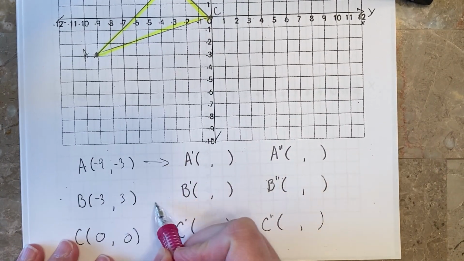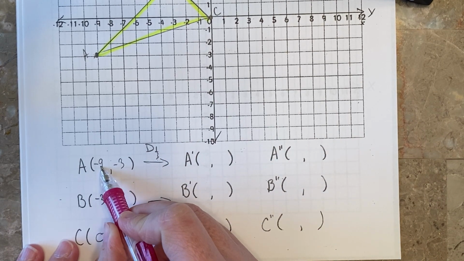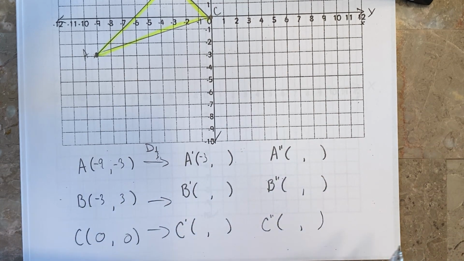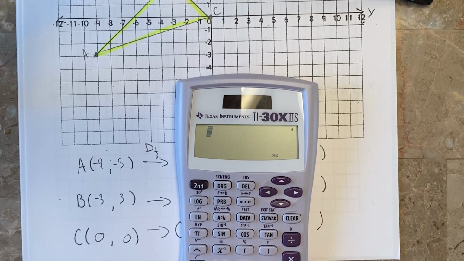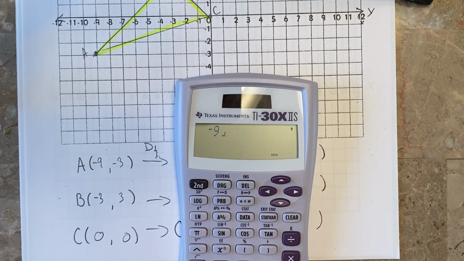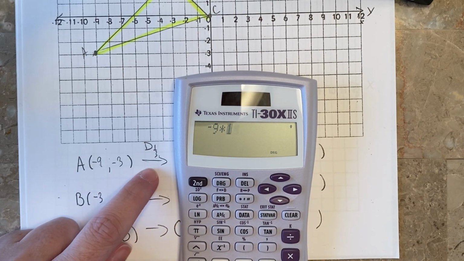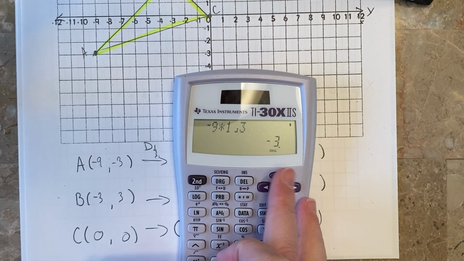So these will be under a dilation of 1/3. So -9 times 1/3 is -3. Just in case you forget, you can do this on the calculator. -9 times 1/3, and that gets you -3.